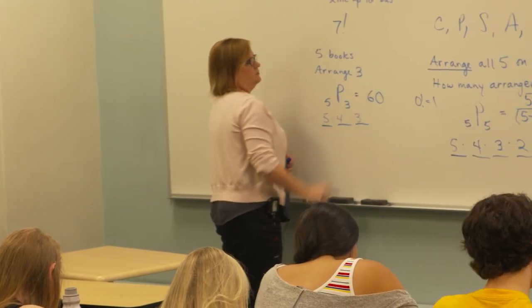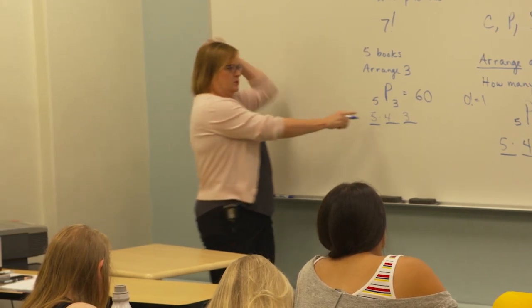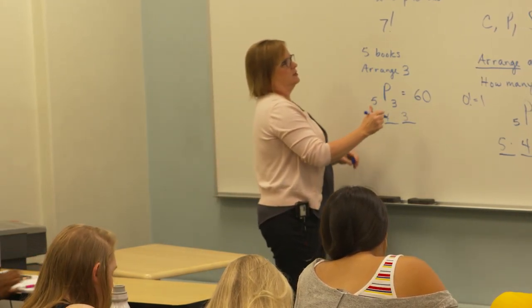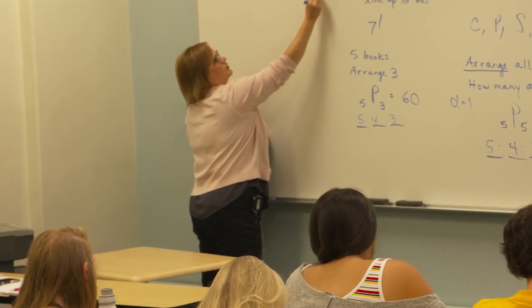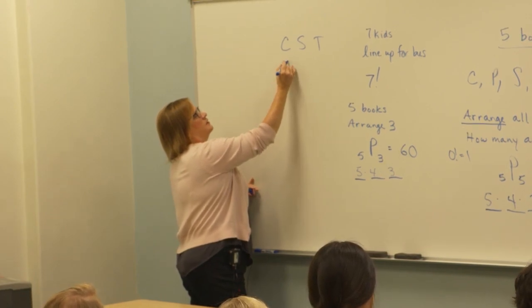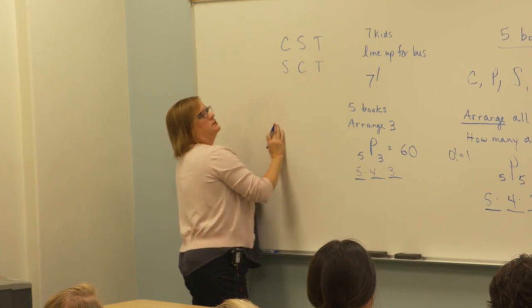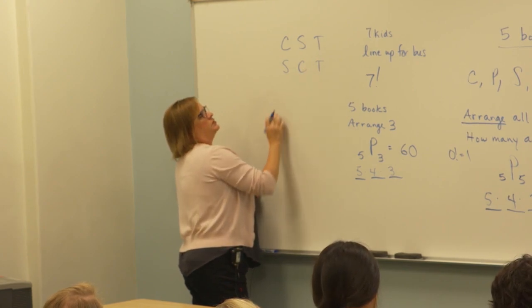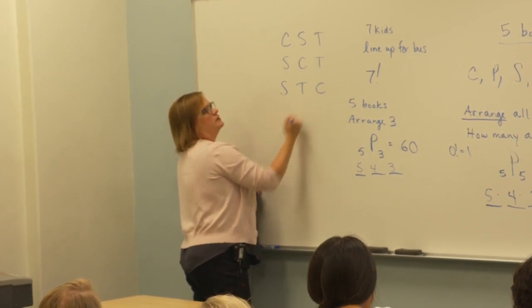Okay. So what if I don't care about the order? Because what this did is, let's say it picked calculus, statistics, and trig. It picked those 3, and then it said, well, wait a minute, that's a different arrangement than statistics, calculus, trig, which is different from stats first and then trig and calculus.